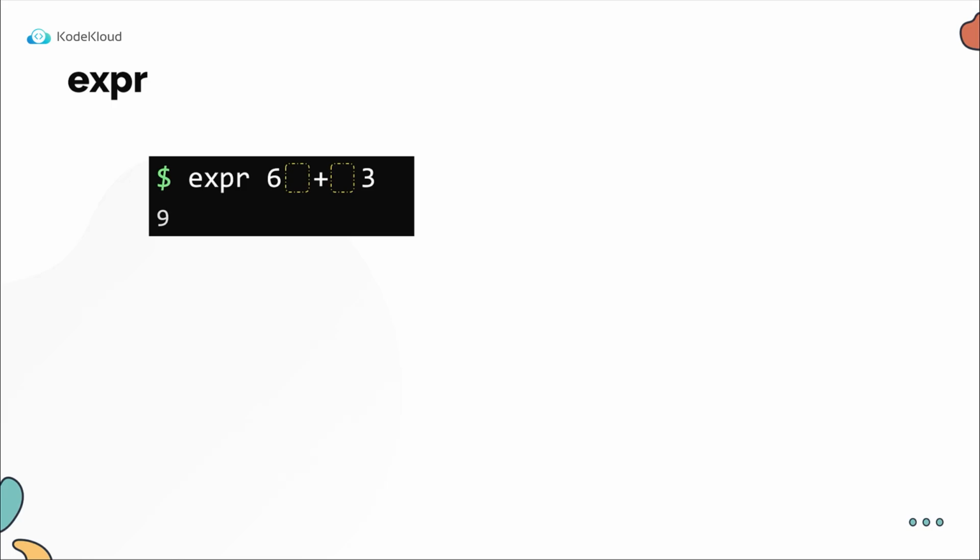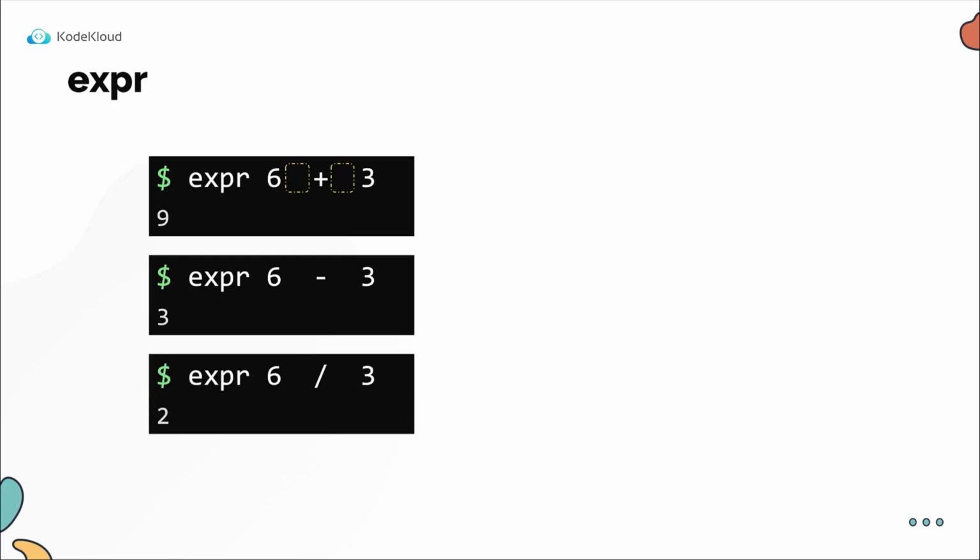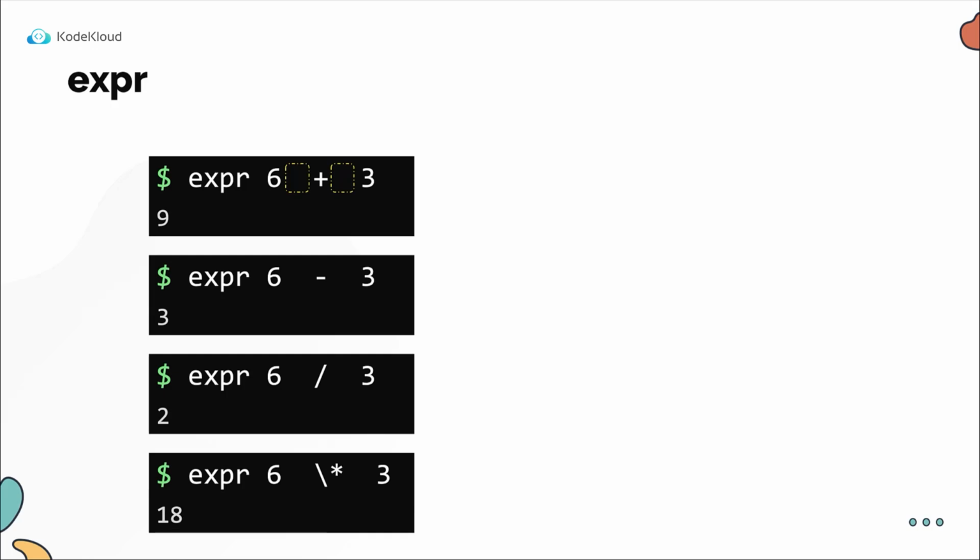Similarly, you can use the expr utility to perform other mathematical operations like subtraction, division, and multiplication. However, note that in case of multiplication, you must escape the star symbol with a backslash like this. This is because star is a reserved regex character in shell and it typically means everything.